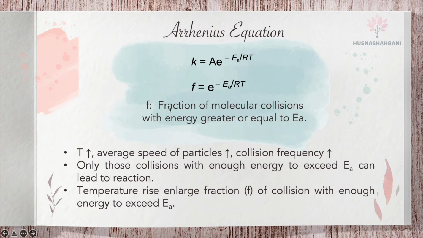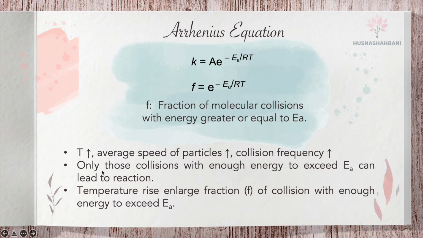The f is the fraction of molecular collisions with energy greater than or equal to the activation energy. When the temperature increases, the average speed of particles increases because they get enough kinetic energy from the high temperature. Thus, the collision frequency also increases.